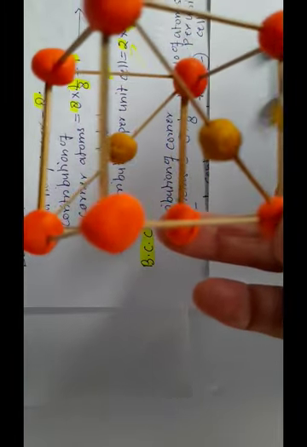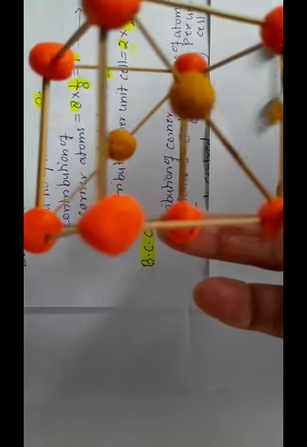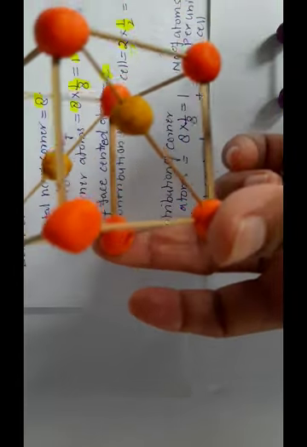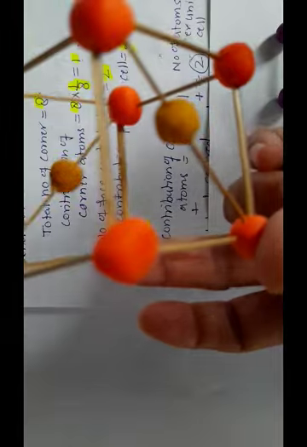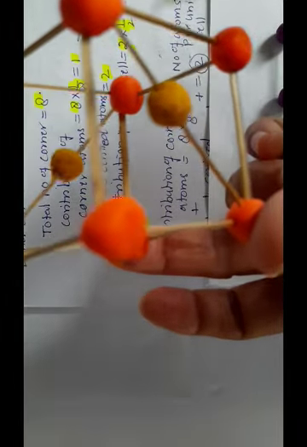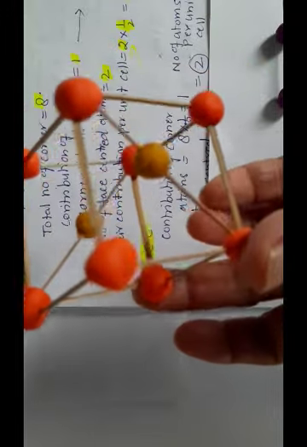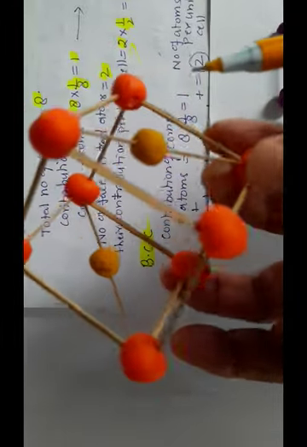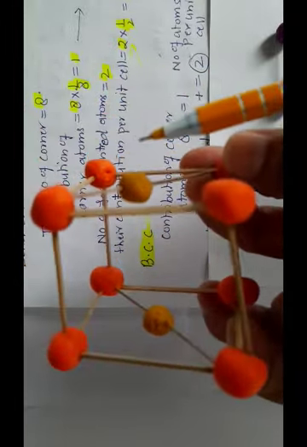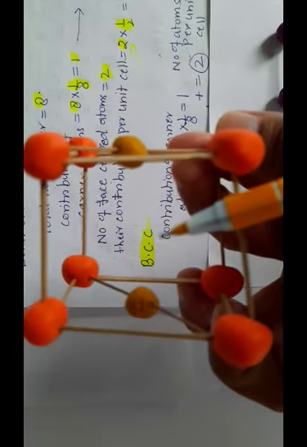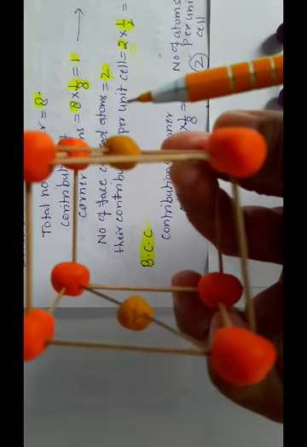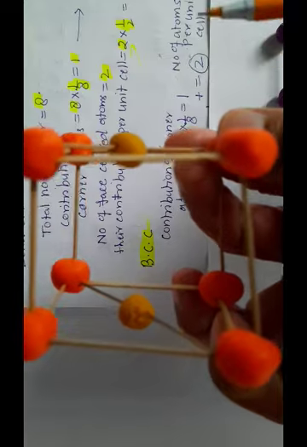This ball will be divided into two equal parts in a cubic unit cell, because a face is common between two unit cell, and hence the contribution of this ball is between the two unit cell. One half in this unit cell, another half in the neighboring unit cell.